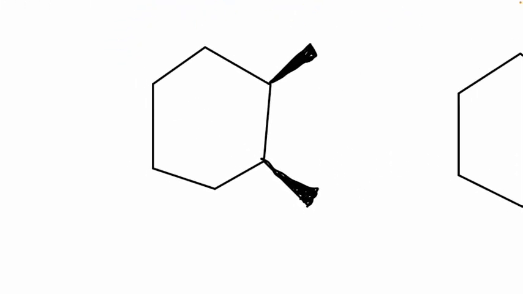All right, so remember, what's my parent chain here? The ring, right? Anytime you got a ring in there, that's your parent chain. So my parent chain here would be a cyclohexane. I have this one carbon substituent and this one carbon substituent. So this is a methyl group.